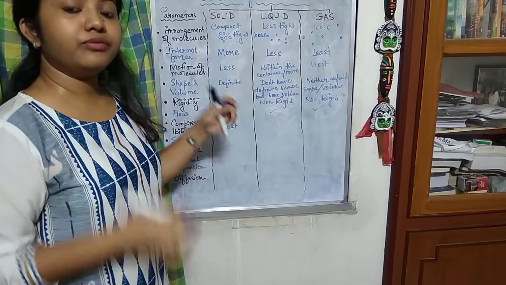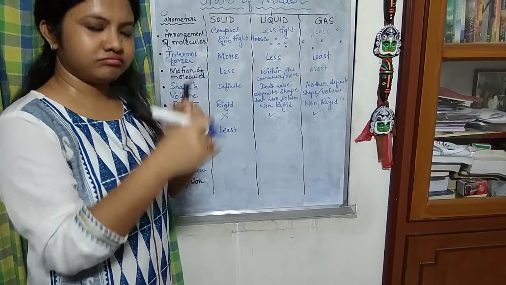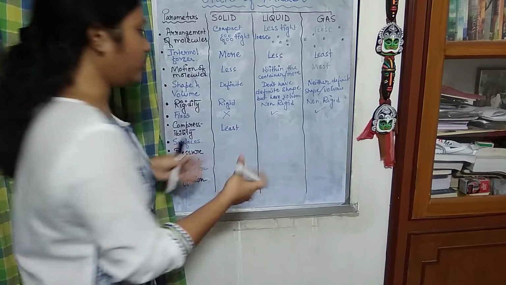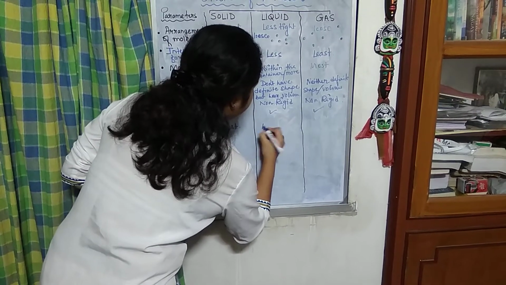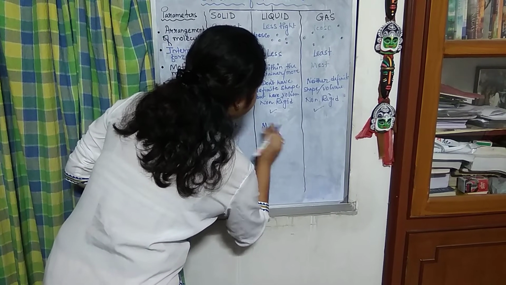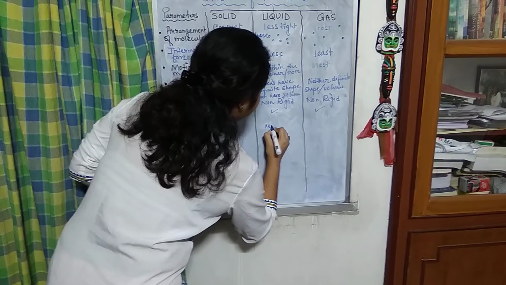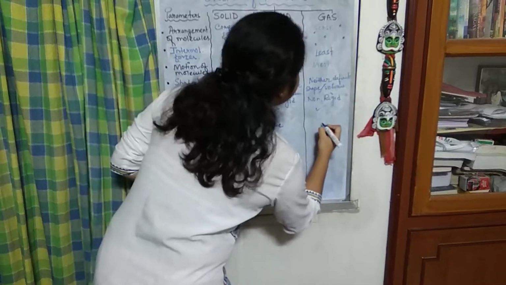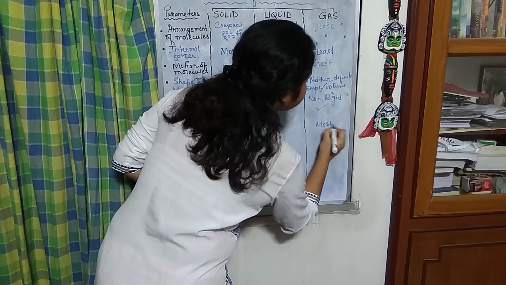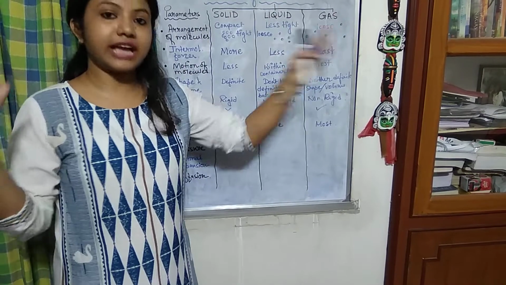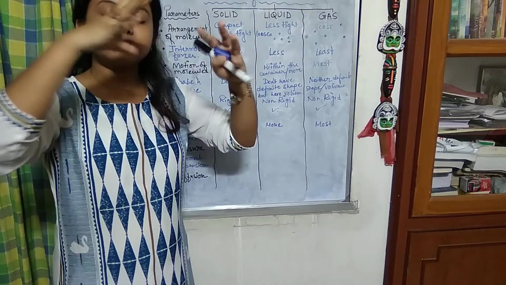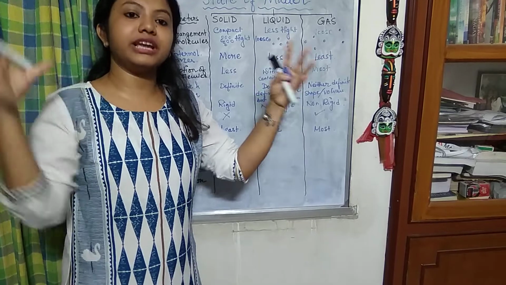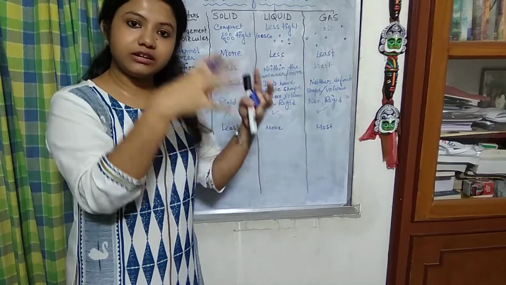In case of liquid, we can compress them, more than solid but less than gases. And the gases are most compressible because all the molecules are so scattered, their intermolecular spaces are so wide that they can be compressed and put together in one place.